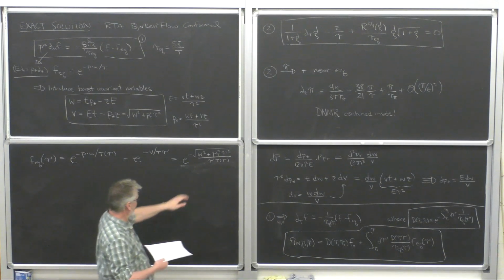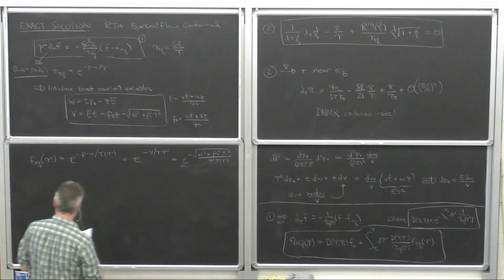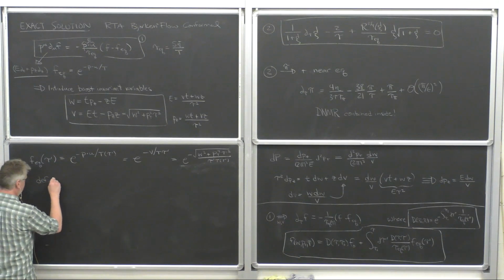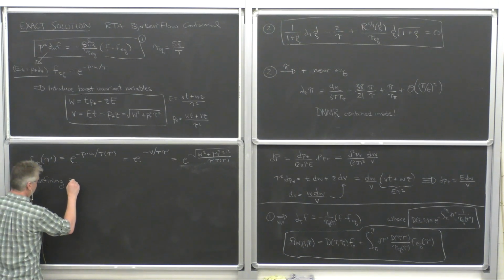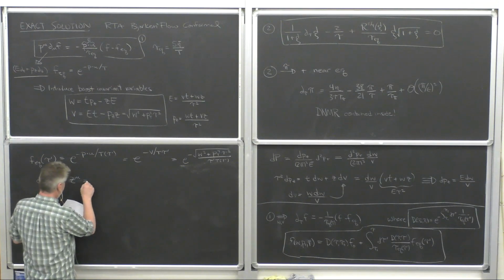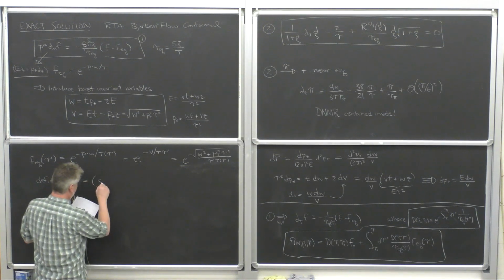Now we can simplify this a little bit further by using these basis vectors that I introduced earlier. I remember I had introduced some basis vector z mu, otherwise known as x3 mu, that was the space-like Cartesian basis vector.